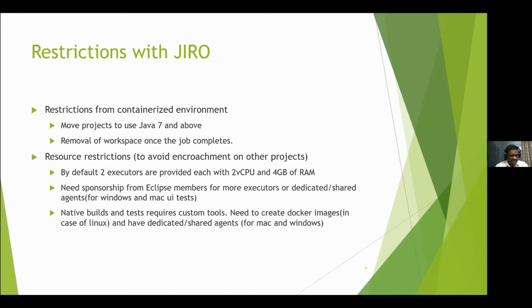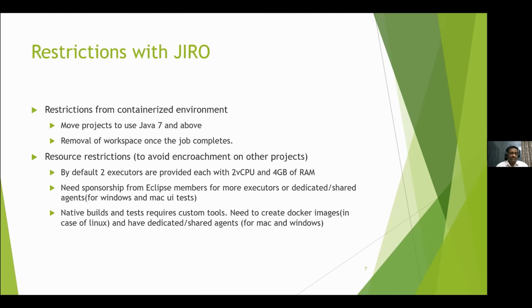The second set of restrictions is the resource restrictions. These resource restrictions came up in JIRO. By default, each Jenkins instance comes with two executors with 2 CPU and 4 GB of RAM. Two executors means you can run 2 jobs simultaneously on that particular instance.